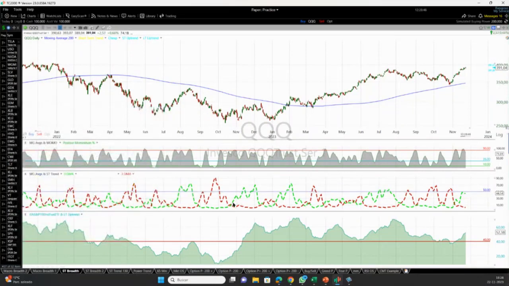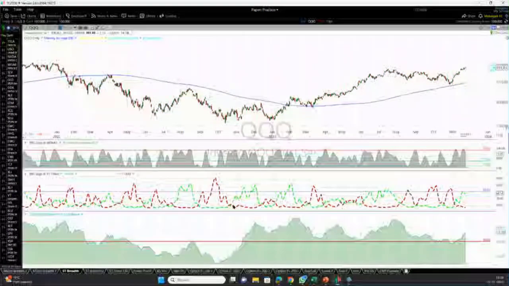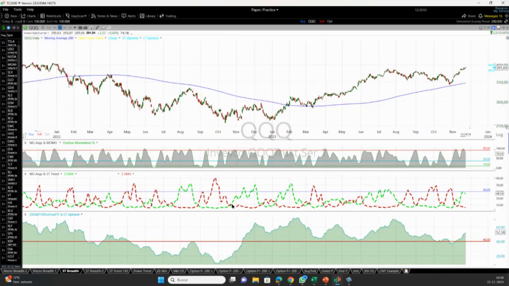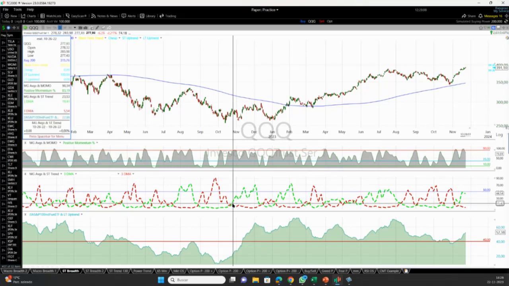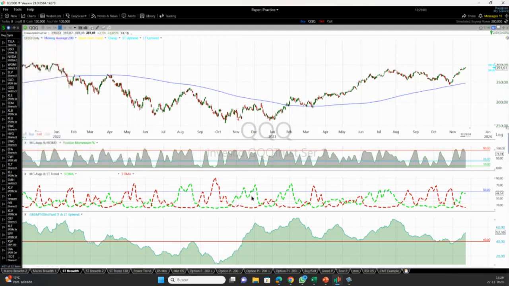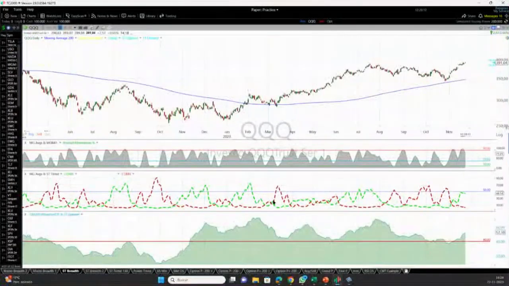And what you want to see here is when this is over the red, that more stocks are making new 30-bar highs than 30-bar lows, and that's a sign of strength. And as the green line is above the red line, you get a supportive environment for higher prices, and vice versa.